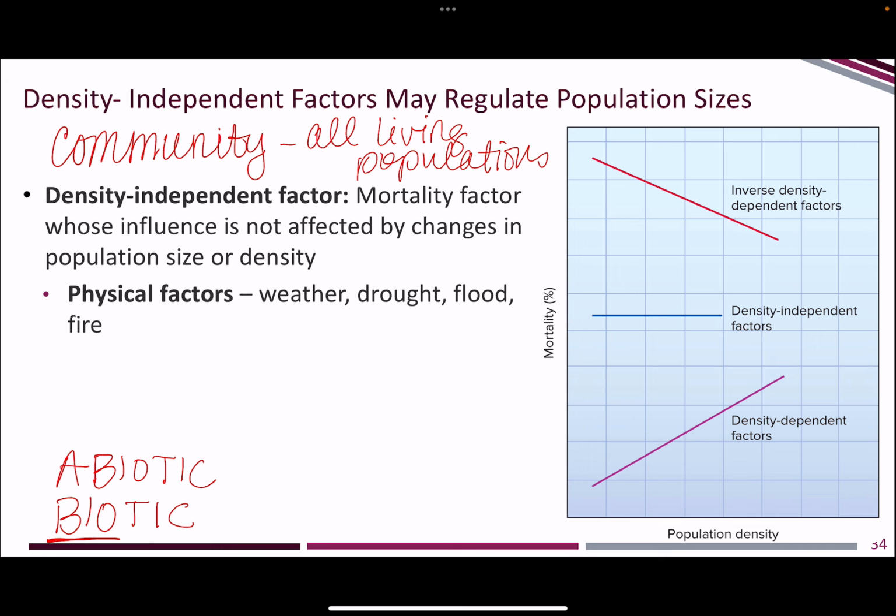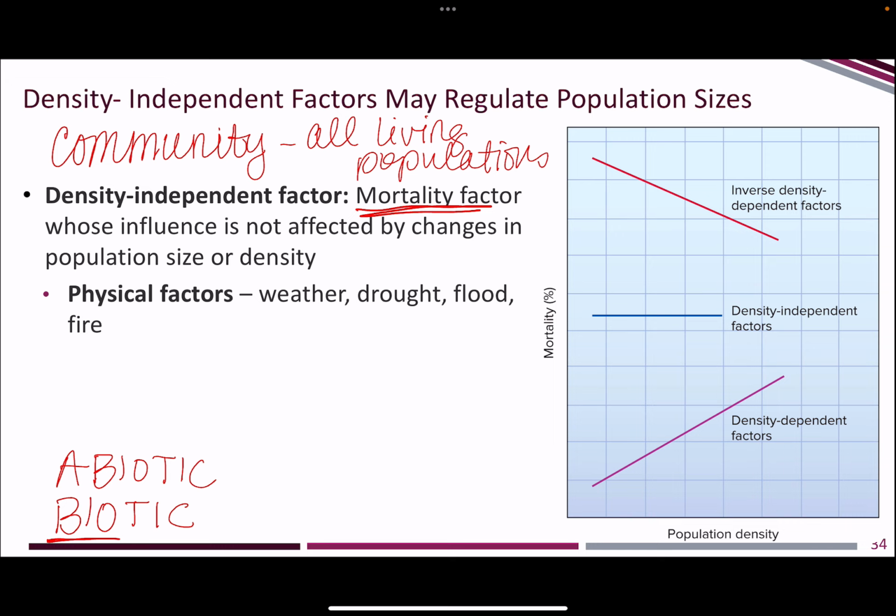So a density independent factor is a mortality factor, meaning it is something that causes animals to die, but it is not affected by changes in population size or density. So in other words, it doesn't matter how many individuals are in a population, those individuals are going to be affected in the same way.